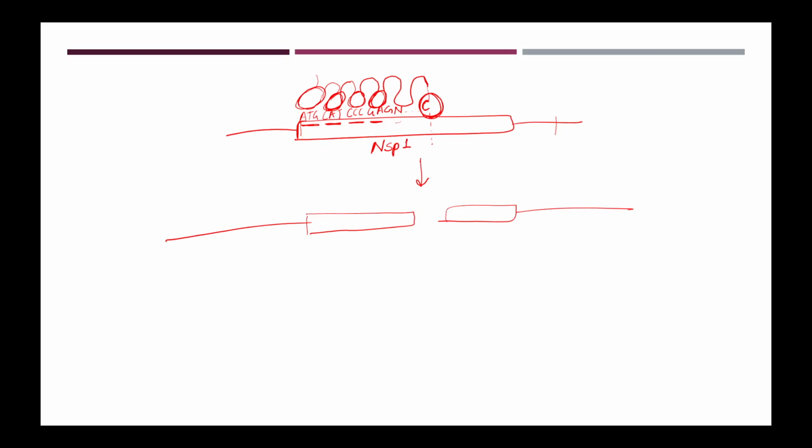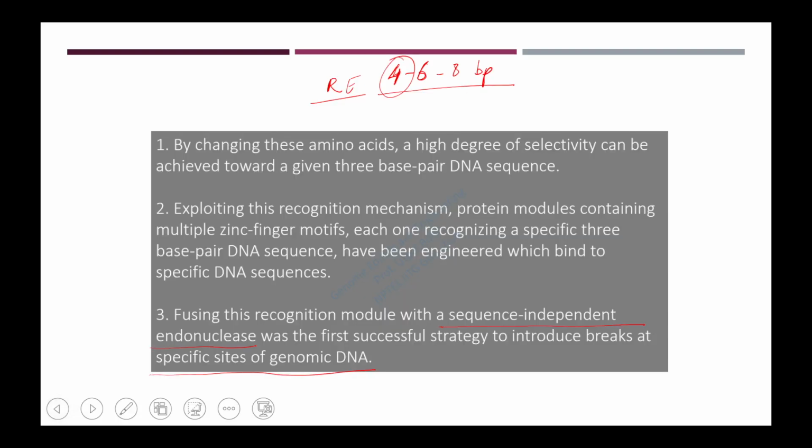Now your gene is fragmented. You can exploit this break to make a mutation, insert a mutated copy at this broken junction, or another gain of function mutant copy. Everything can be done here. So that is fusing the recognition module with the sequence independent endonuclease.